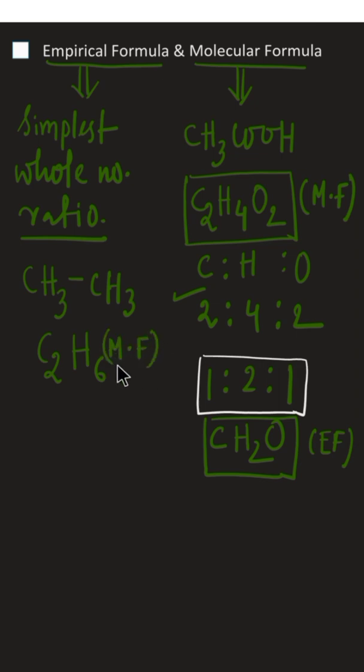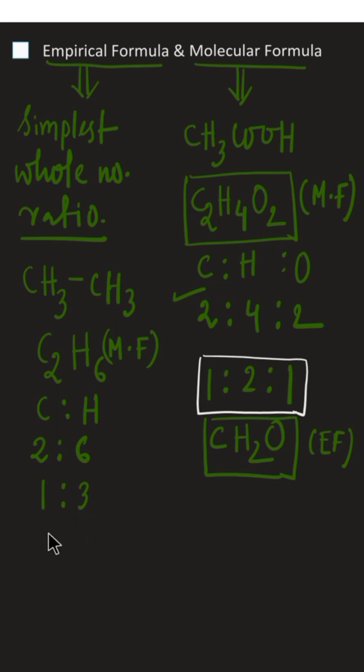Now what is the ratio of carbon and hydrogen in that compound? It is present as 2:6. If we try to make a simple whole number ratio of this, it will come to 1:3. I am just dividing both sides by the smallest value, that is 2. So it is the simplest whole number ratio that we can have.